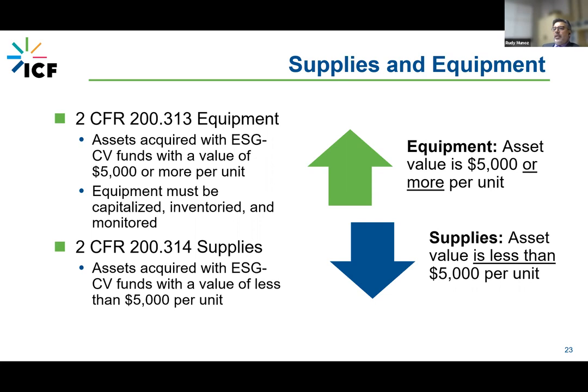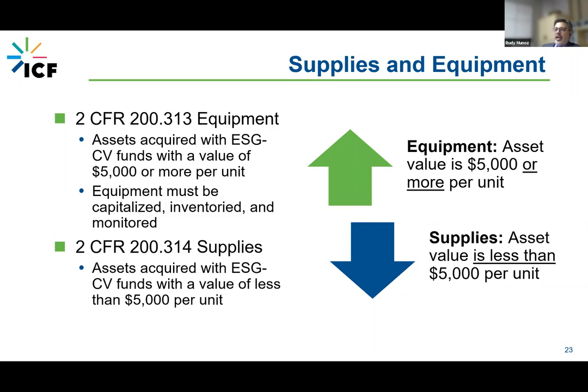Equipment is defined as any tangible personal property having a useful life of more than 1 year and a per unit acquisition cost which equals or exceeds the lesser of the capitalization level established by the non-federal entity for financial statement purposes, or $5,000. And that number, by the way, has not changed in many, many years.